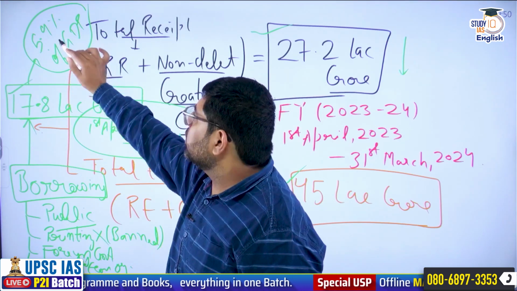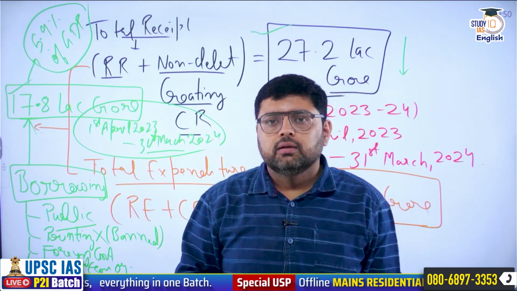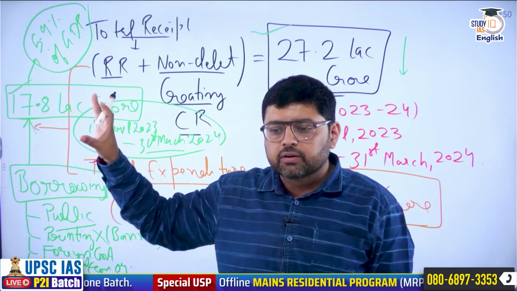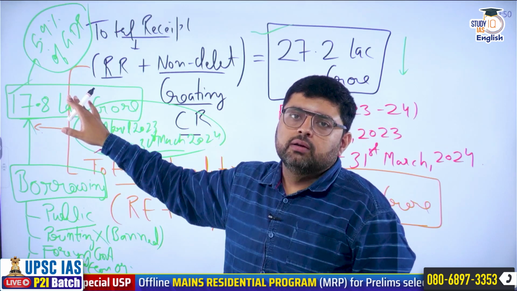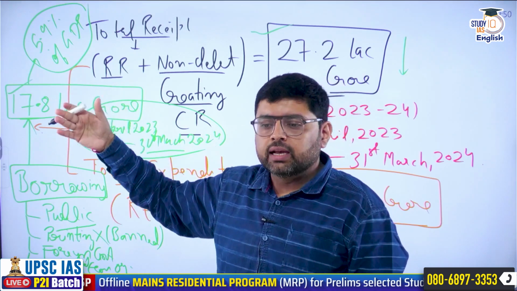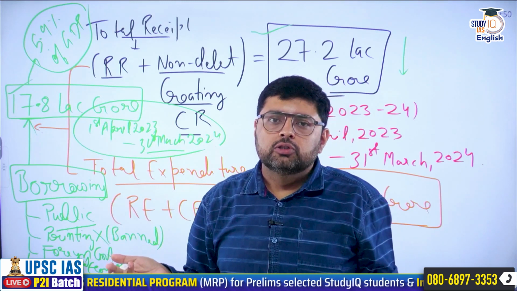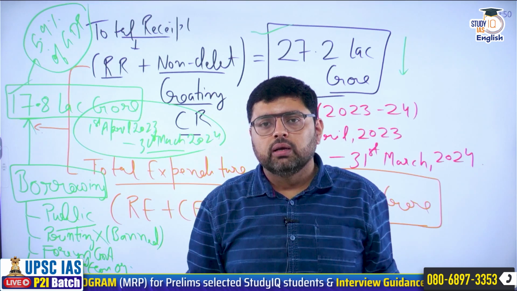So, this 5.9% of GDP is a target for this financial year. It means government has set a target for itself that they will not exceed borrowing beyond this limit. So, they can reduce it but not exceed. But it is again not in our hand. Just like we had a situation of COVID or pandemic in 2020.